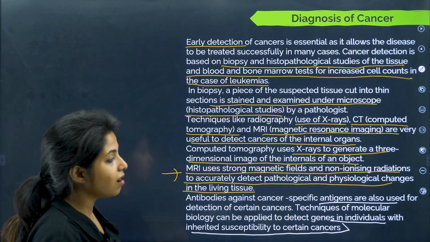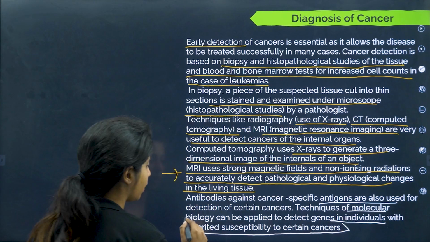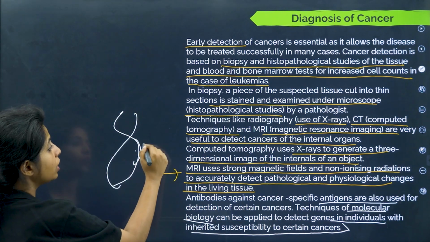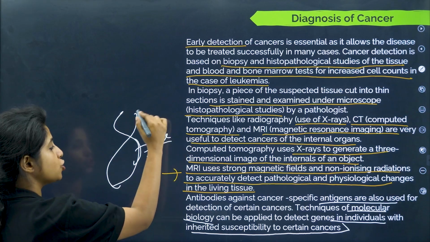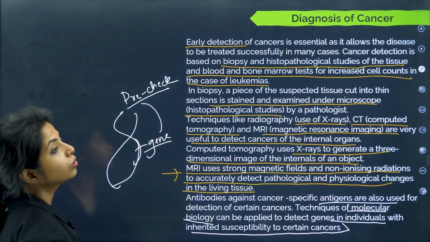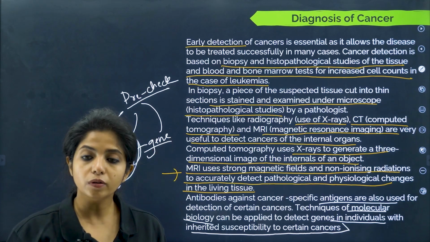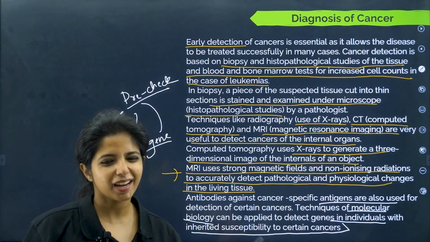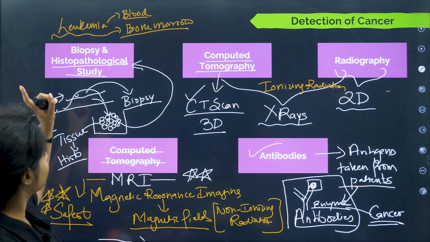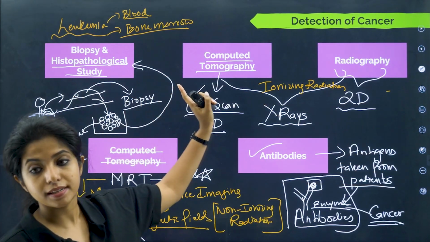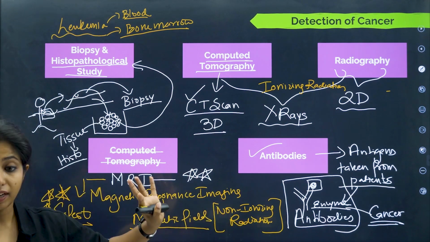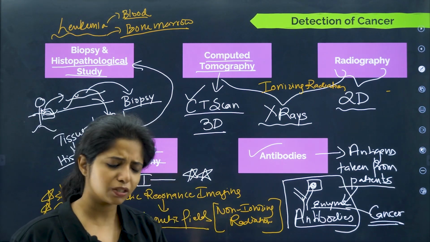So, in this case, there are certain techniques in molecular biology which examine your DNA, your genes and pre-check whether you are susceptible to cancer. Those techniques are also available, but I'll say it's still developing in our country. So basically we have biopsy and histopathological technique, CT scan, radiography, MRI and then antibodies, 5 of them in total. Just have a quick read, it's a very small thing.